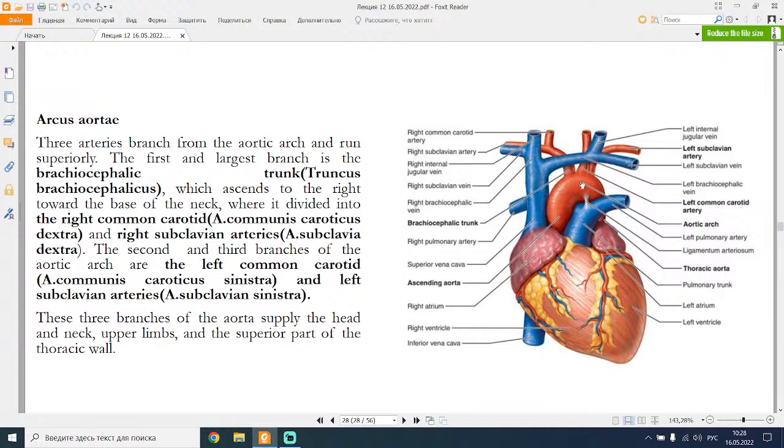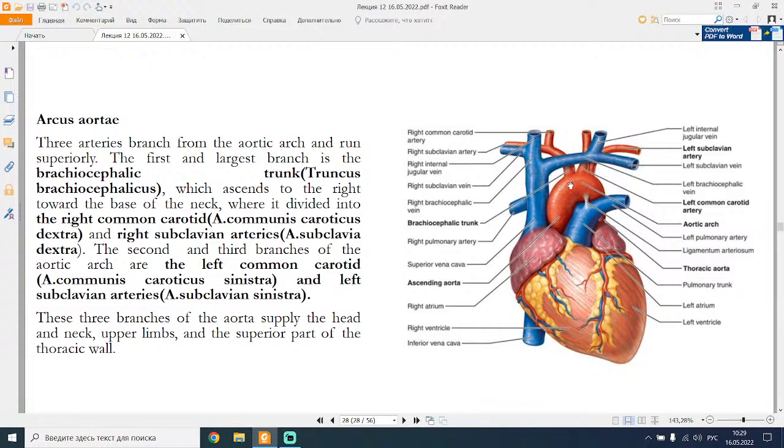What you see: arcus aortae, the aortic arch. Three arteries branch from the aortic arch and run superiorly.